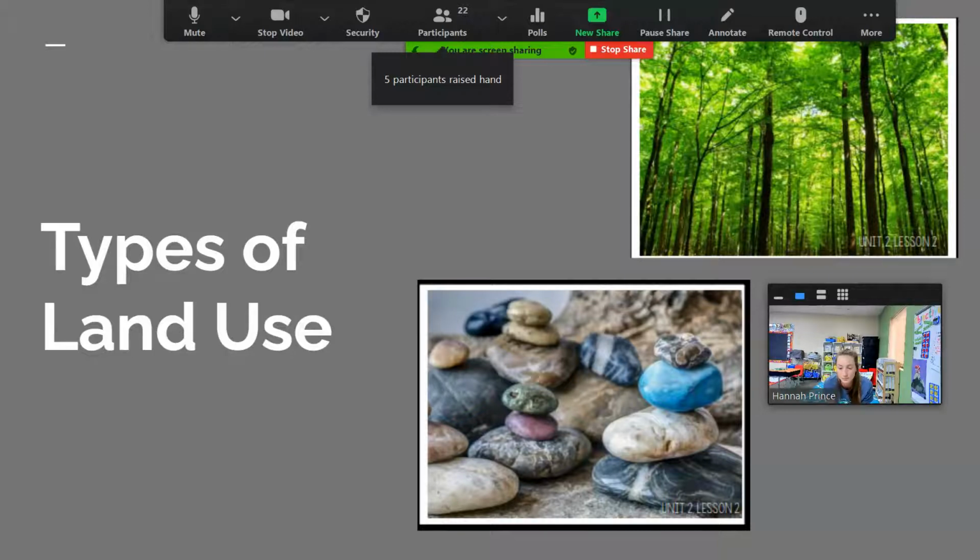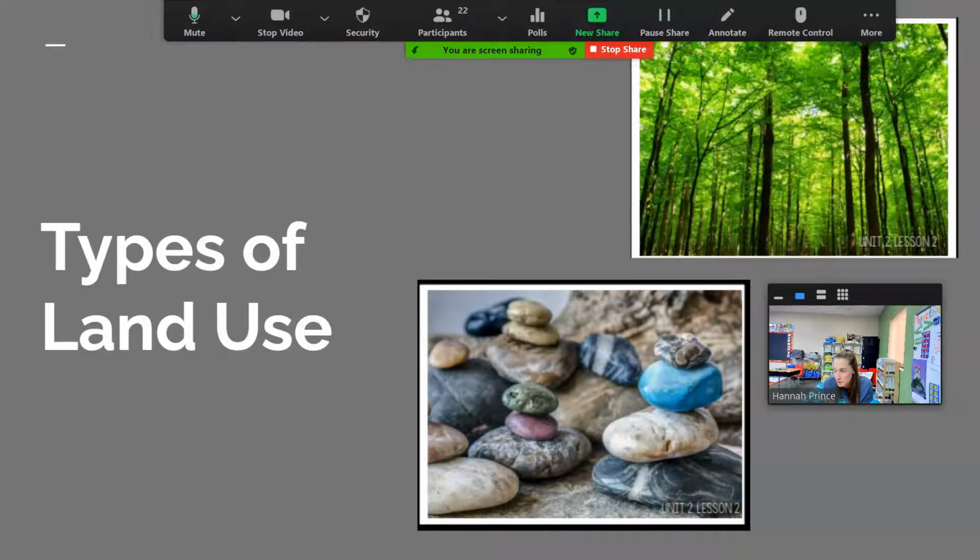Because we wouldn't have made houses and we couldn't have food. Exactly. And we wouldn't have made a lot of things. Yep, you are right. Excellent. So it sounds like these trees help us make other things.